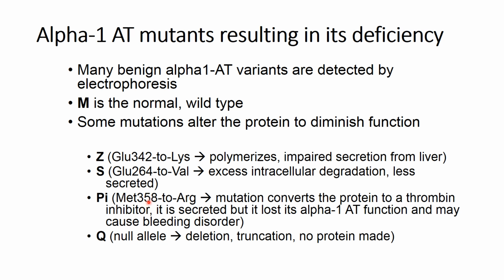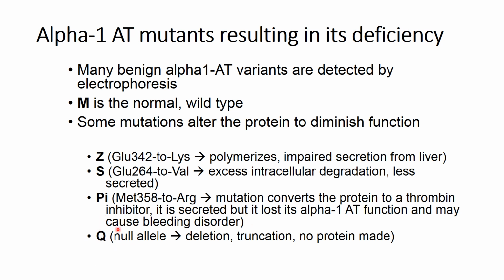It's not functioning anymore, but this arginine at the same point actually converts the inhibitor to a thrombin inhibitor, which means that this inhibitor will inhibit factor 2, or thrombin, the most important blood coagulation factor, and thus it may cause bleeding disorders, on top of not inhibiting the other proteinases, which the antitrypsin should.